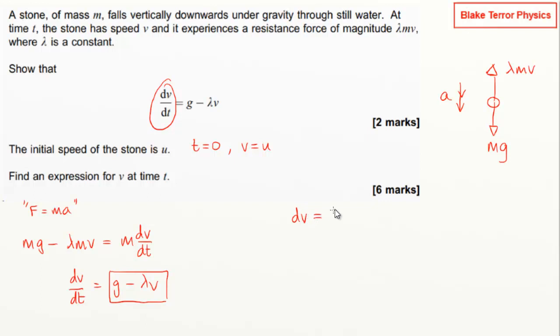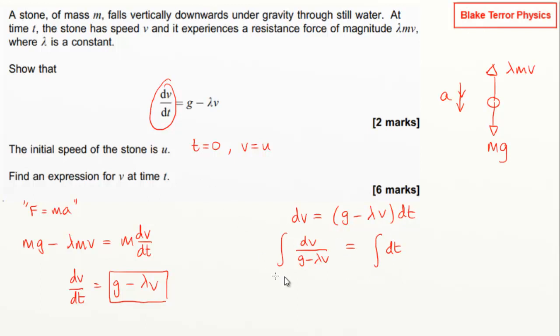If I've written that dv is g minus lambda v dt, the only way to get this v on the right hand side over with the dv on the left hand side is to treat everything in the bracket as one expression. So we're going to end up with an integral of 1 over g minus lambda v with respect to v, equal to the integral of dt.